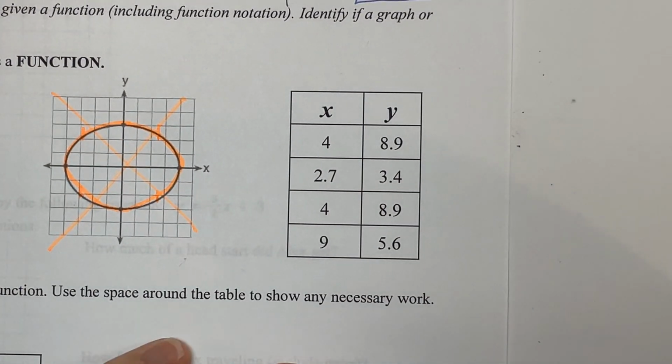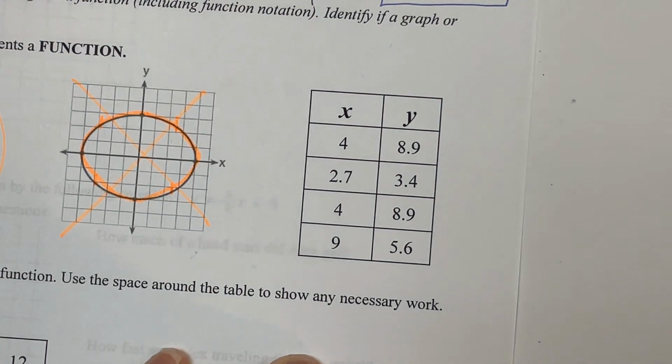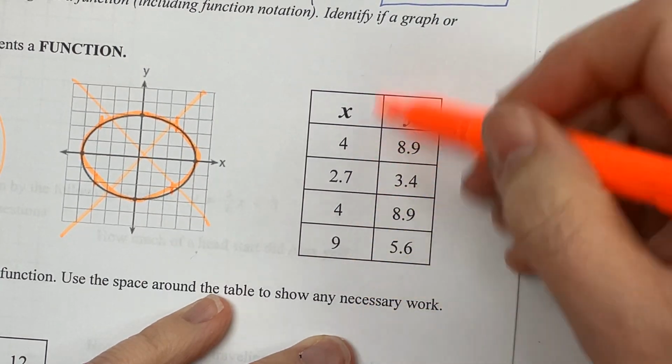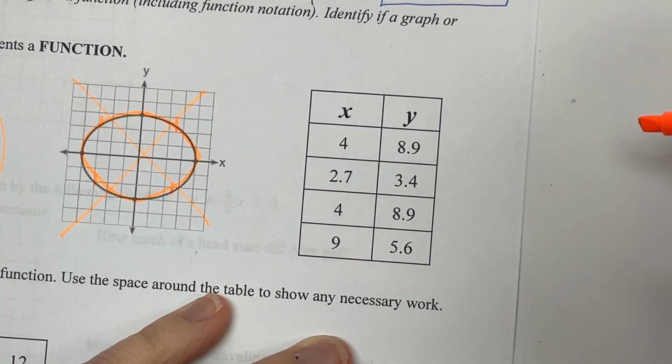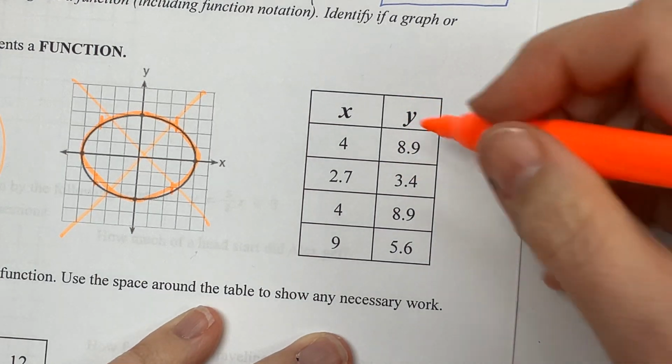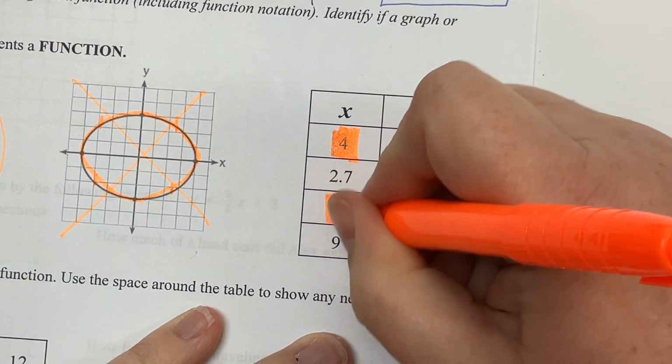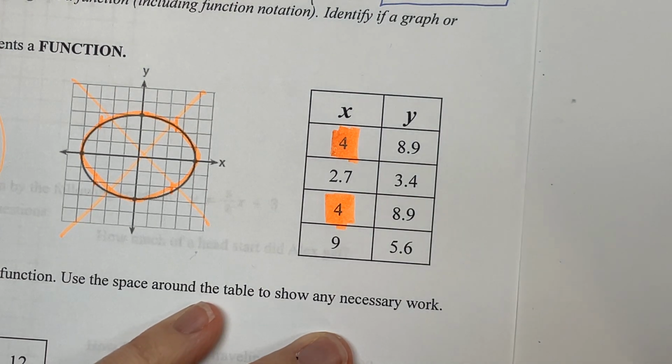Table. Scary table. Okay, so here's the deal with tables. All you have to do is look at the x's and make sure that none of the numbers repeat. Do any of these repeat? Yeah, this one does. And so does this one. Does that mean it's not a function? Maybe.